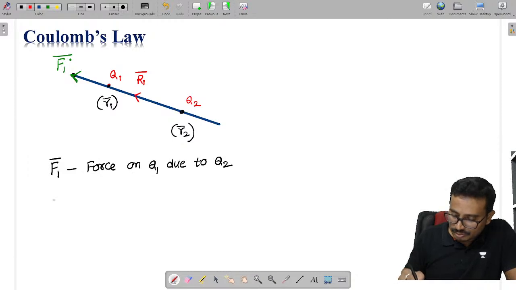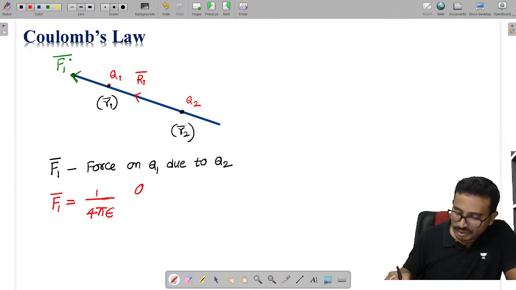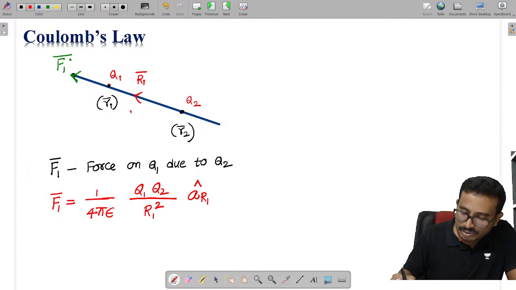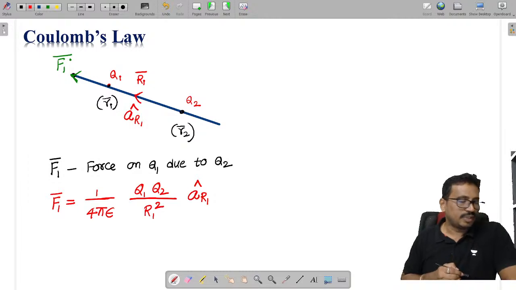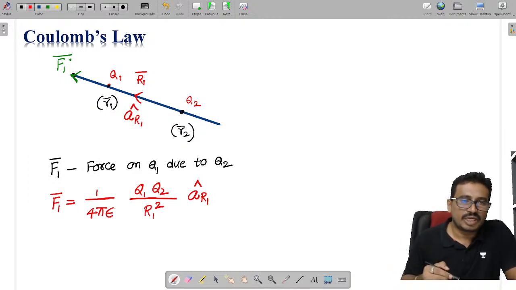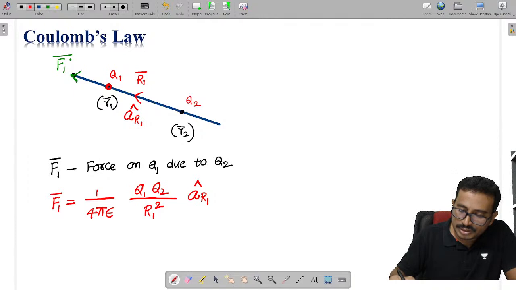This force acting on Q1 is given as 1 by 4 pi epsilon into Q1 Q2 by R1 square into AR1 cap, where AR1 cap is a unit vector along the direction of R1. Here we are finding the force on Q1 due to Q2.